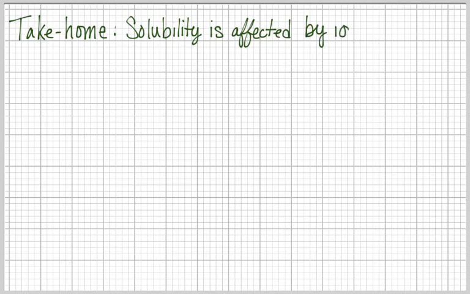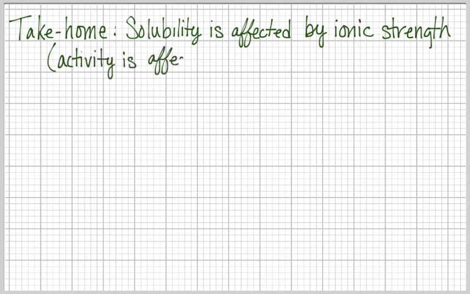So what am I trying to get across by conveying that the activity coefficient is deeply related to the ionic strength? Well, the activity coefficient affects the solubility, because the solubility is going to be the activity squared of my ions. So the solubility is affected in large part by the net ionic strength of the whole system.